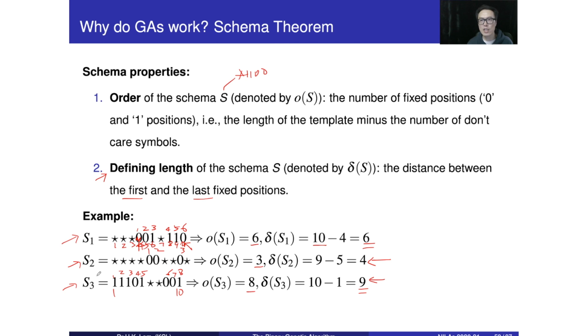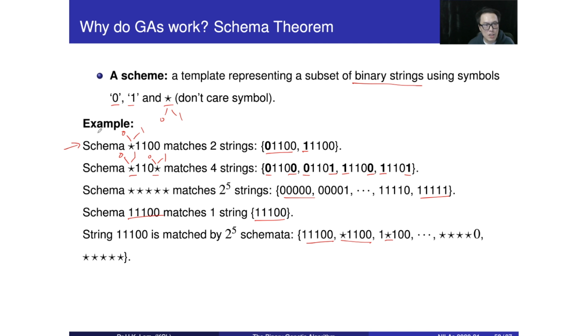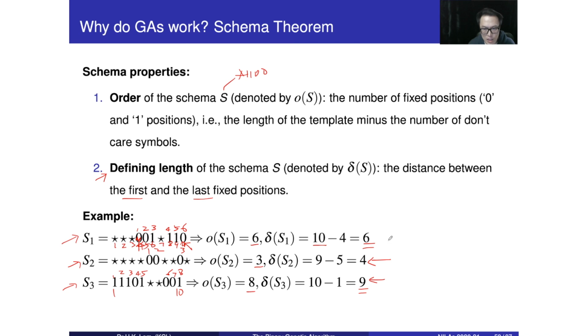Now we have defined what a schema is, as well as the order and the length, and we go back to this one. When we talk about a short schema, that means the length we defined right here. The second schema, S2, is shorter than S1, and S1 is shorter than S3.